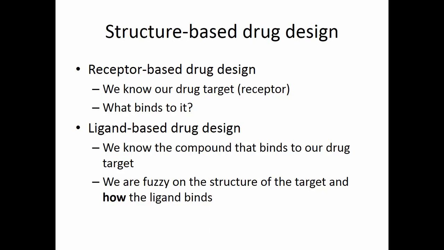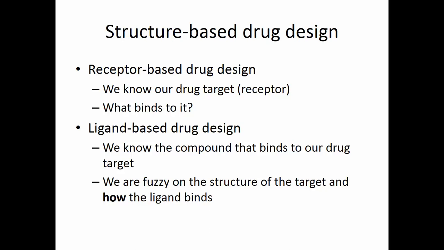We want to know what binds to it and can either activate, interact in some way, or repress. So with receptor-based, we will look at it from the receptor. We'll take a bunch of molecules, throw them at this receptor, and see what does what we want it to do. What binds to the receptor.